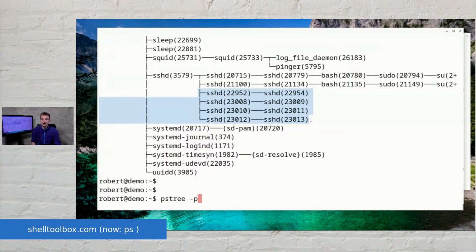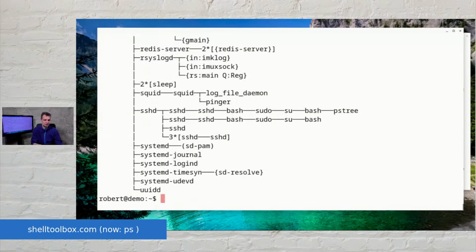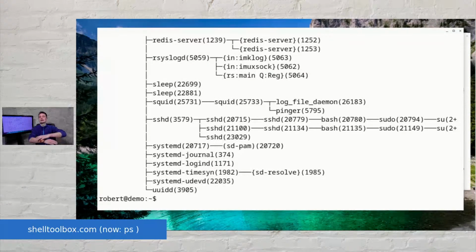If you have multiple instances of a process running, then typically you see in the output of pstree something like this: we have 3 times these combinations, or 2 times a Redis server here. But if you call pstree with -p, you will see all the process IDs, and therefore nothing within the tree will be collapsed.